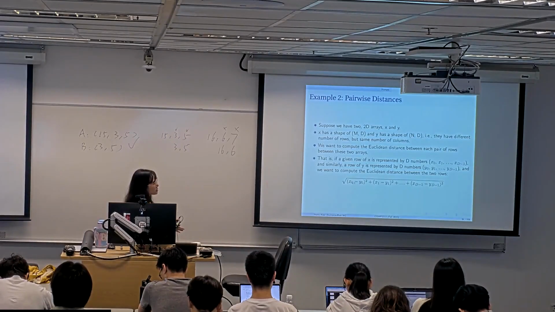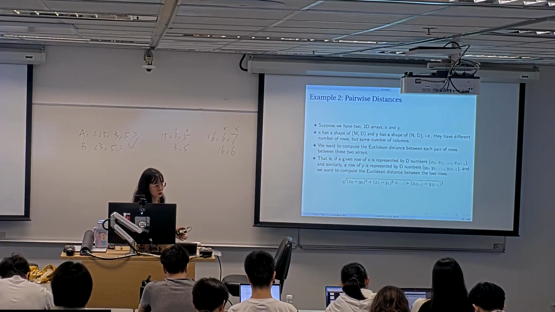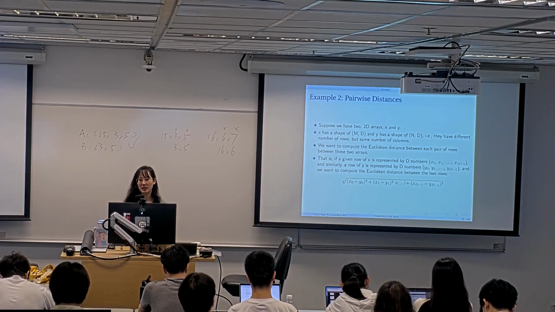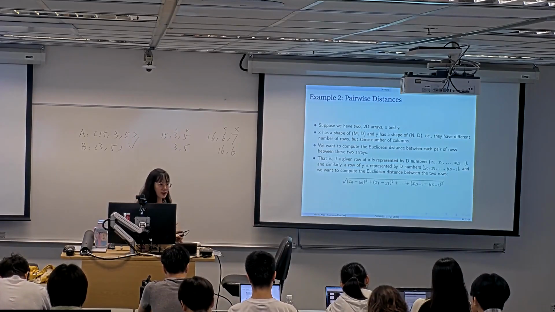Like that's x0 minus y0, this difference squared, then plus the second dimension x1 minus y1 squared until you get all the sum and then do the square root. This is only one distance. One distance is that you get one Euclidean distance between one pair of rows from x and y.